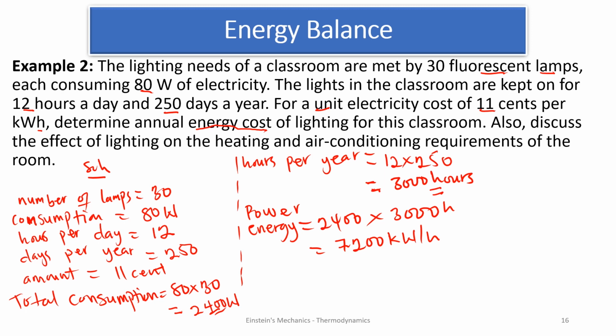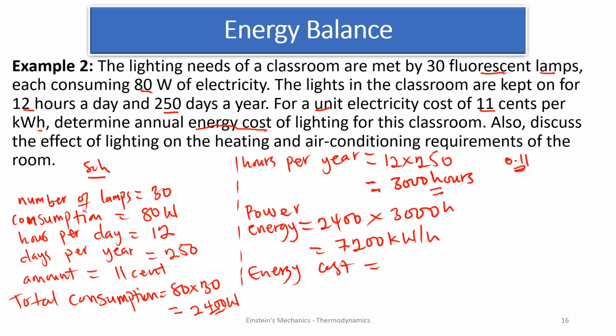And from the question, we are to pay 11 cents per every kilowatt-hour that we use. So if in total we are using 7,200, the energy cost is going to be, and I said 11 cents. If you are converting it to dollars, it will be divided by 100, meaning this will be 0.11.